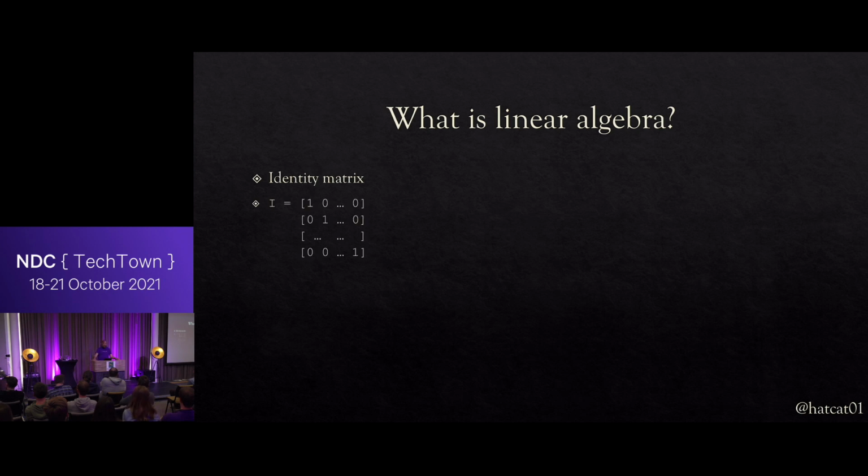So the leading diagonal, that is all the elements whose row and column index are the same, is populated with 1, and all other elements are 0. And multiplying any matrix by the identity matrix, or vice versa, leaves the matrix unchanged. So there we have an example of commutativity.